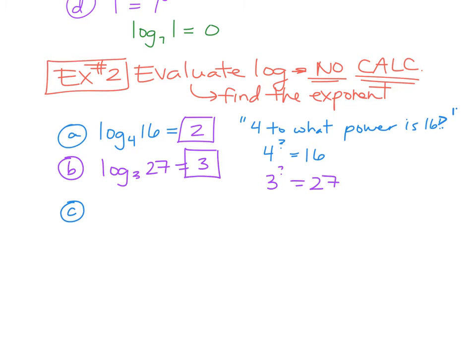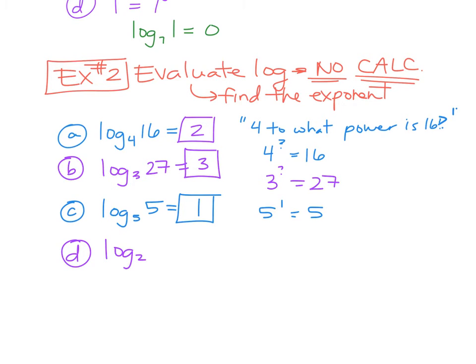If I give you log base 5 of 5, what's your exponent? 1, right? 5 to the first power gives you 5. So your answer here is 1. How about this one? If we say log base 2 of 16 equals what? You're asking yourself 2 to what power is 16? The fourth power, right? So your answer here would be 4.